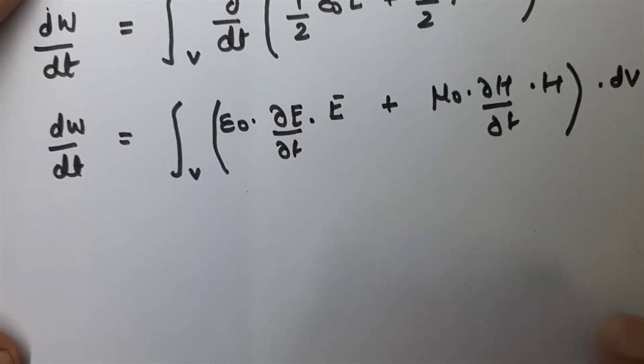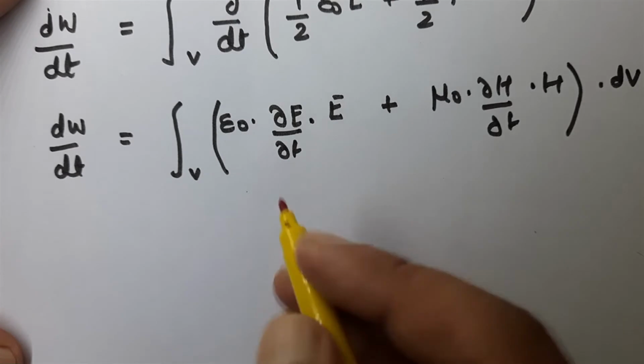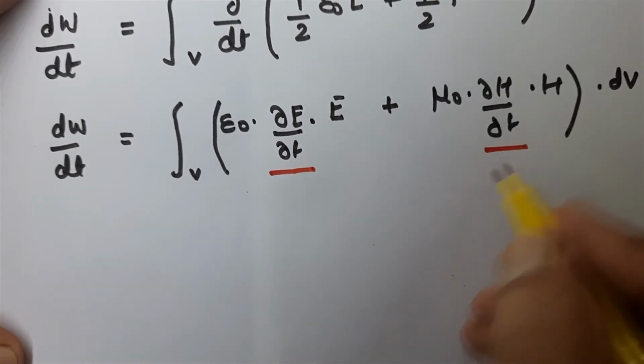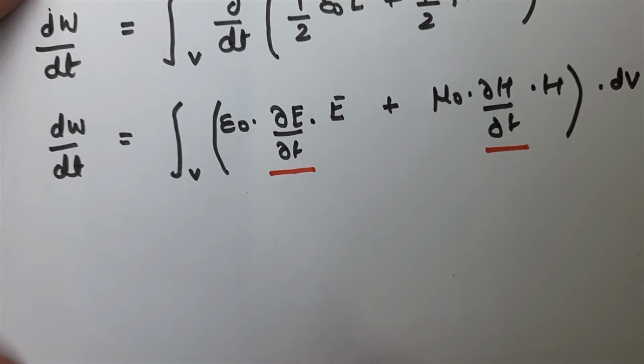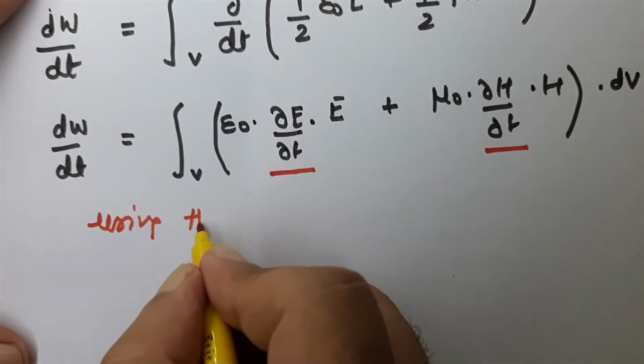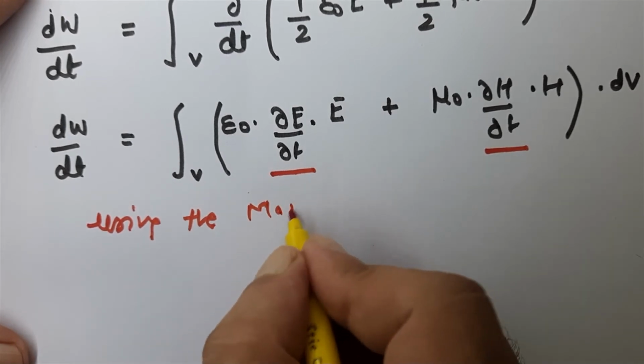So now we are in a position to put the values of del E by del T and del H by del T from the Maxwell equations.